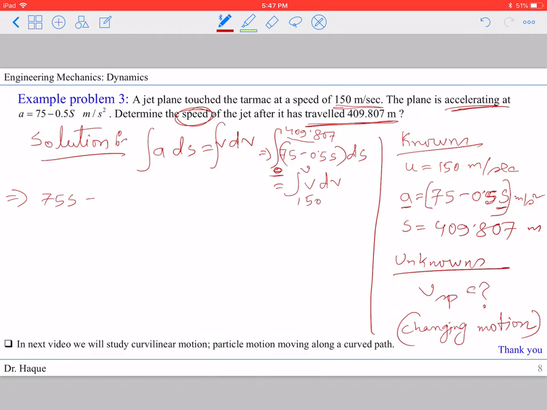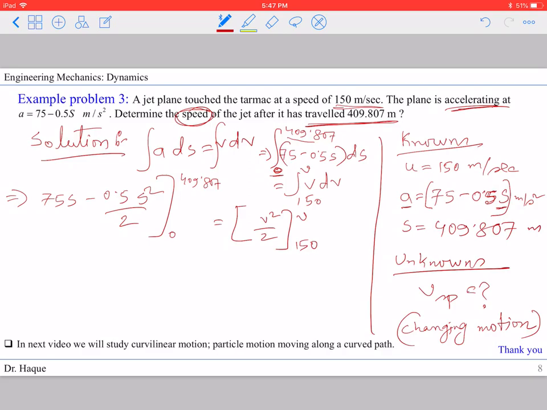If we do the integration, we see 0.5 that remains s squared over 2, and the limit is from 0 to 409.807. On the right hand side we get v squared over 2, and the limit for v is from 150.